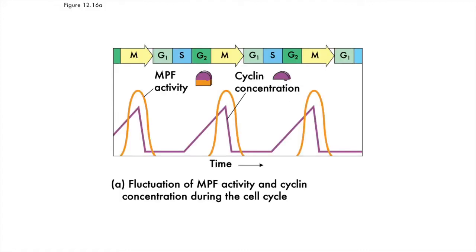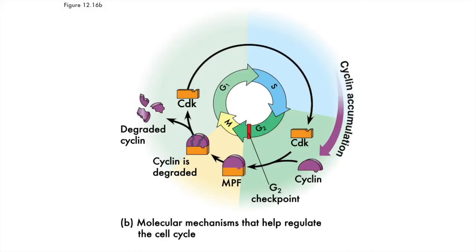Experimentation showed that cyclin concentration was strongly correlated with MPF activity. After mitosis, the concentration of cyclin crashed and there was no MPF activity. This cartoon shows our understanding of how cyclins function. Cyclin is degraded in the new cell just after mitosis, but the CDKs remain intact.